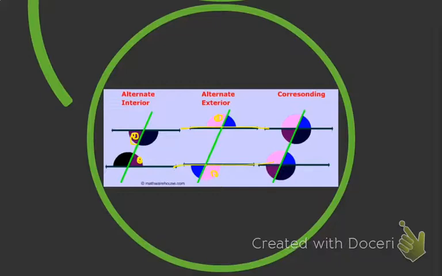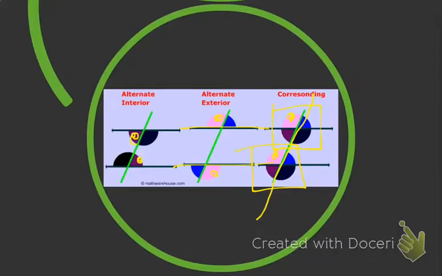Corresponding, this one can be a bit tricky. People sometimes confuse these. Corresponding are on the same side of the transversal and in the same spot. So if I were to say, okay, this is the upper left angle in this intersection right here, if I focus on the intersection at the bottom, the corresponding angle is also in the upper left.